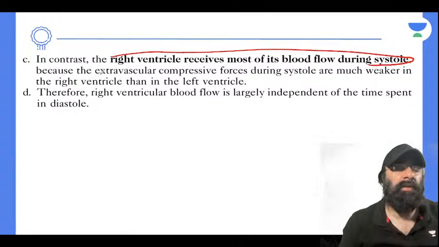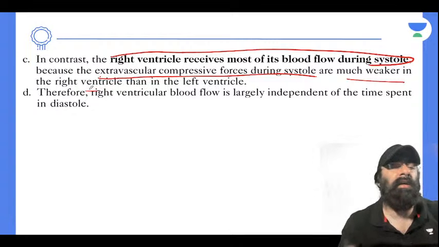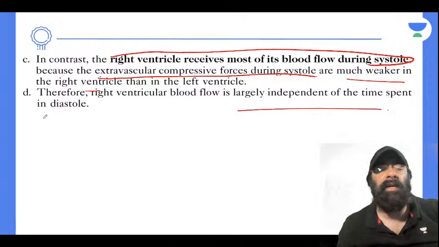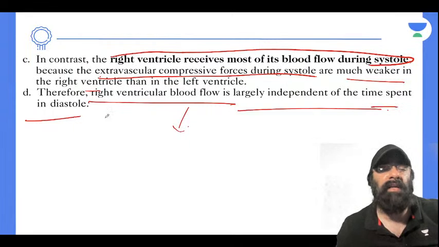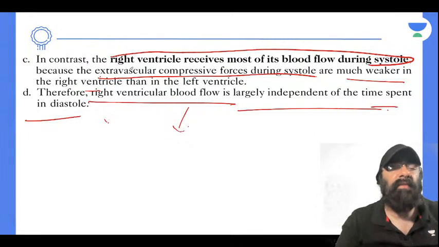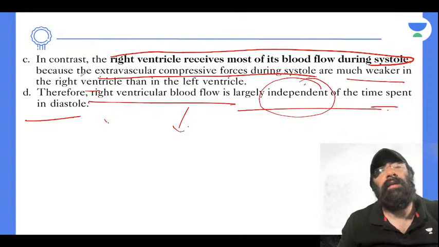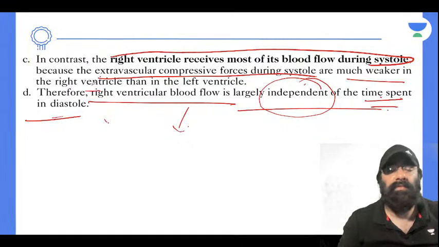Okay, this is what we need to understand, because extravascular compressive forces during systole are much weaker in the right ventricle than in the left ventricle. Therefore, left ventricular blood flow is largely dependent upon the time spent in diastole. Right ventricular blood flow is largely independent of that, while the left ventricle is dependent on diastole.